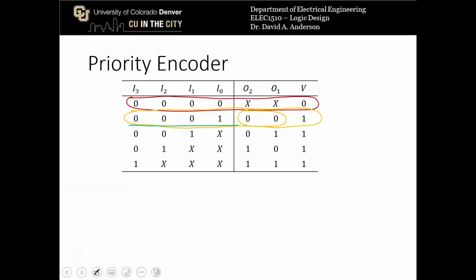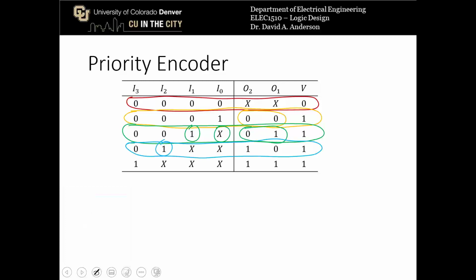For the next set of inputs, a level 1 alert has occurred, and we don't care whether or not a level 0 input has occurred. And then we report out valid bit being 1 and the output being that a level 1 input has occurred. Then we continue that same theme for the rest of the inputs.